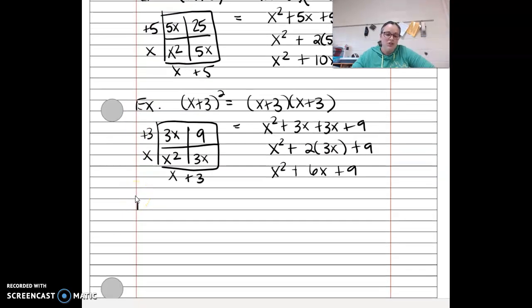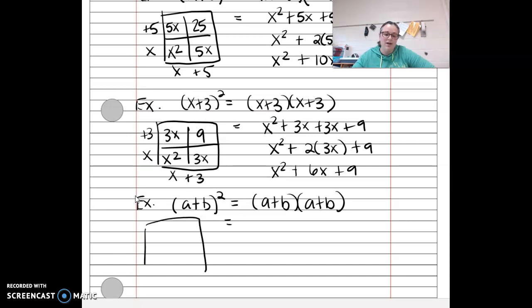So if I put this in general, if I were to take some number a plus some number b, and then I want to square that sum, I end up getting a plus b times a plus b, which if I were to set up my square or my area model, I have a plus b down on one dimension, a plus b on the other.